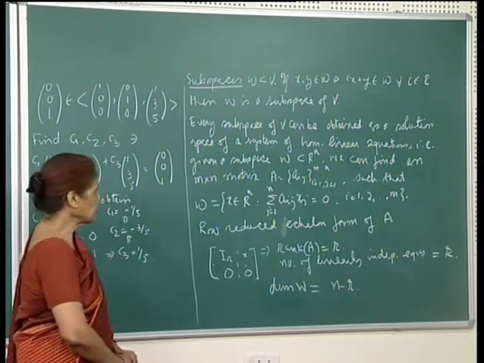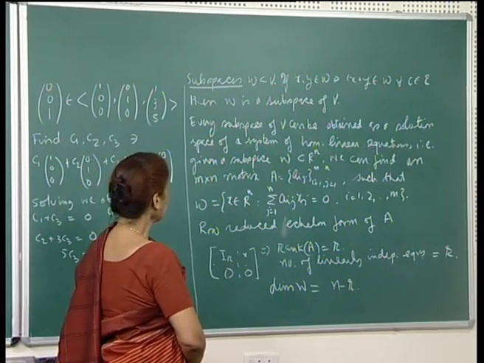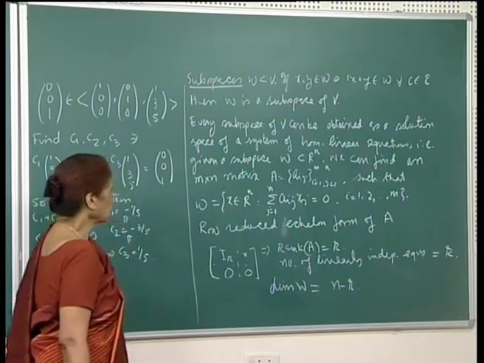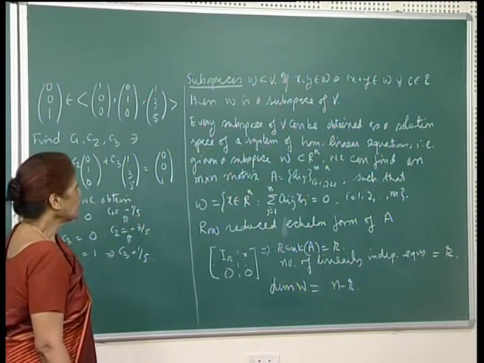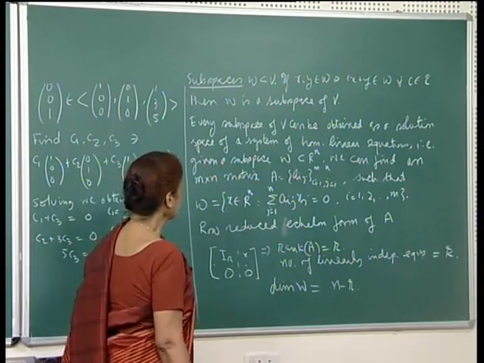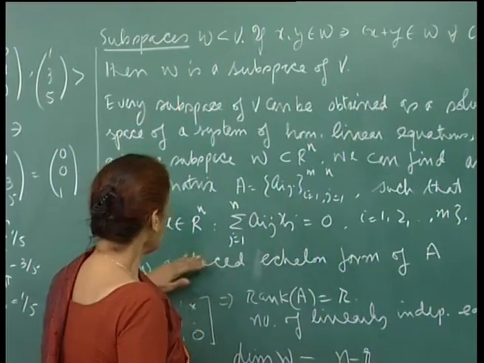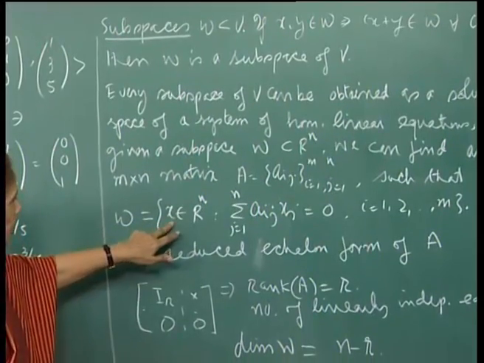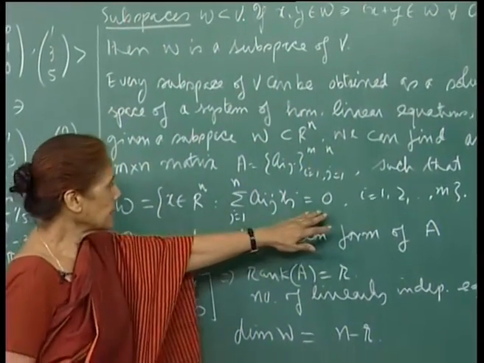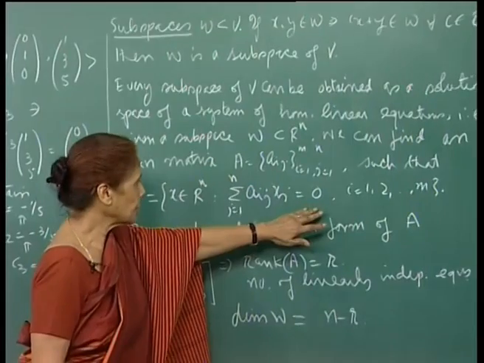That is, given a subspace W, suppose I am talking of a subspace in Rn, we can find an m by n matrix A with components Aij, such that W can be written as all x which satisfy these m linear homogeneous equations.